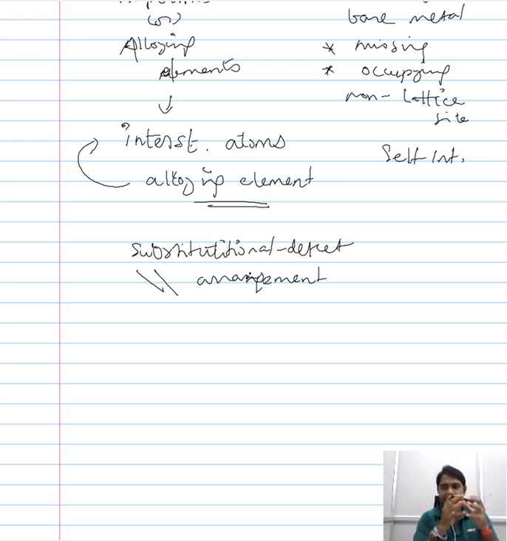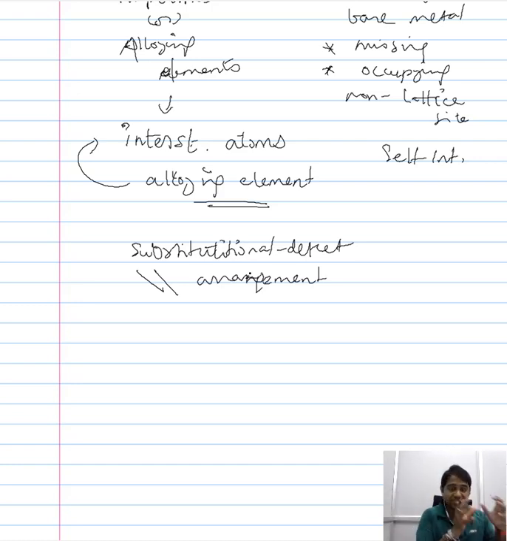So in case of point defects, depending on the composition of the crystalline material that we consider, it can be intrinsic point defect or it can be extrinsic point defect. So the intrinsic point defect, it is the atoms of the base metal that are either replaced or missing from their lattice position.